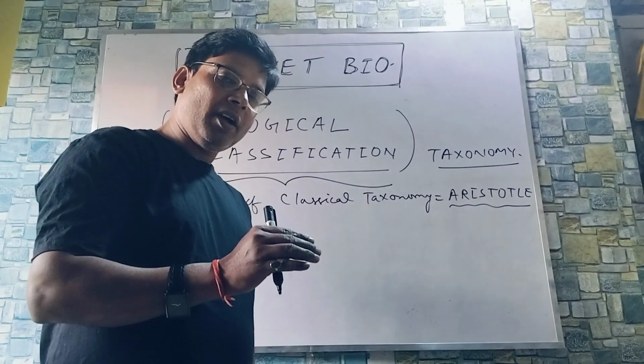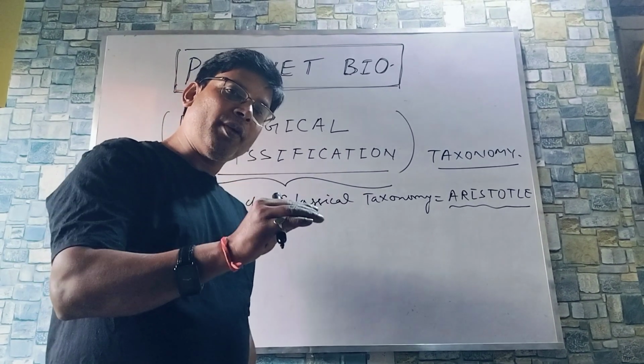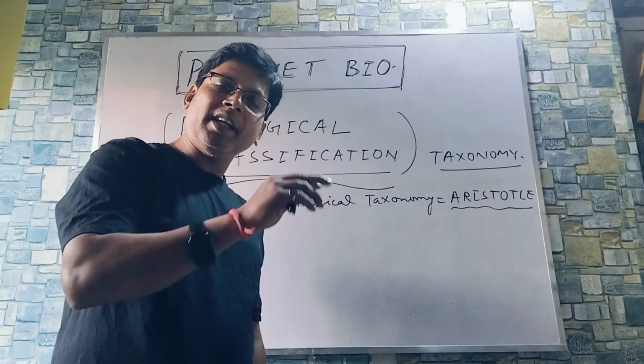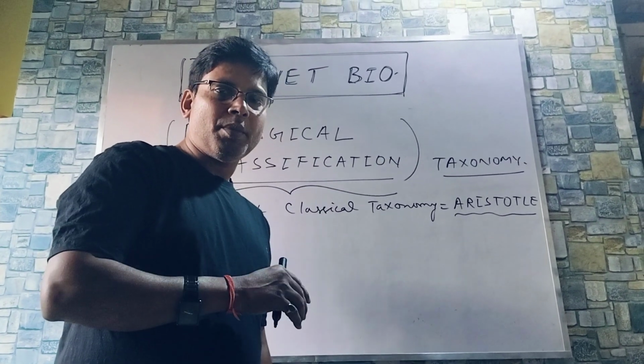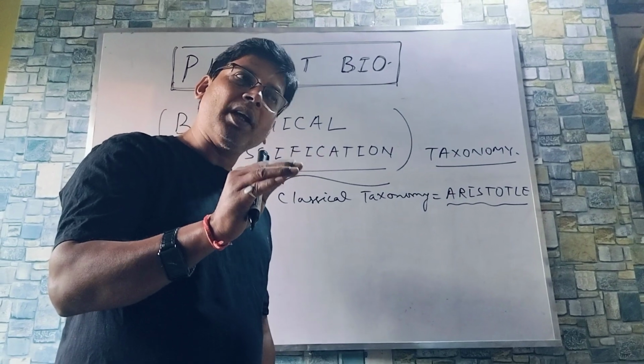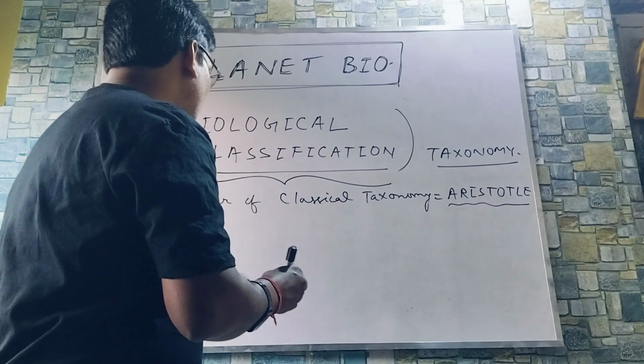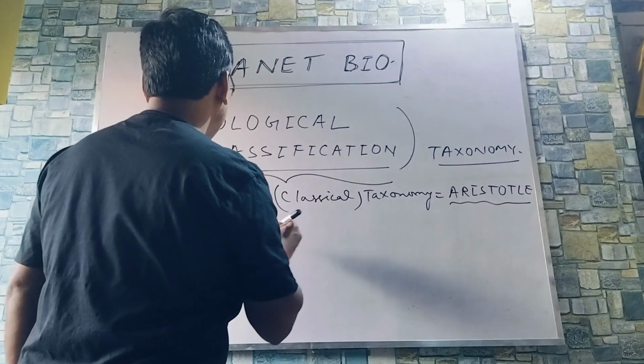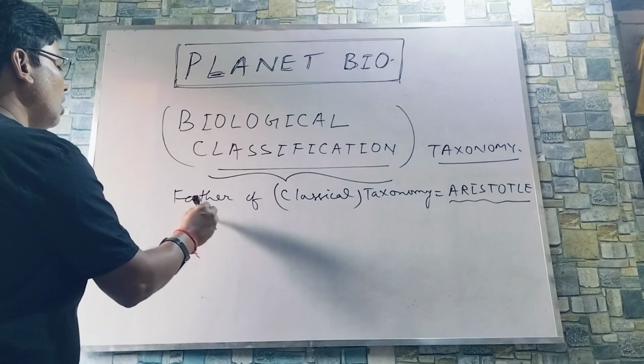Enaima was further categorized into Ovipara and Vivipara. Ovipara means egg laying, and Vivipara means the organisms which give birth to young ones. So, father of classical taxonomy, Aristotle.